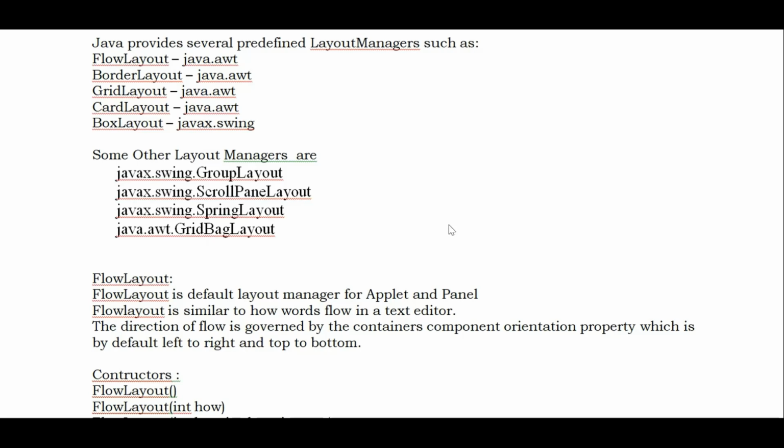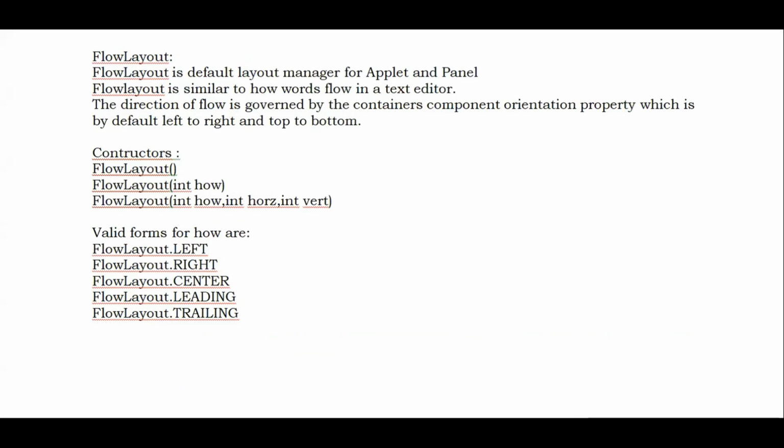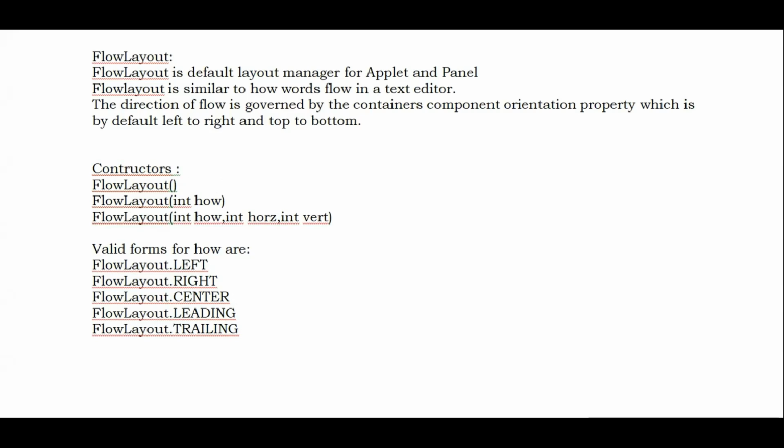So I'll be discussing FlowLayout now. The FlowLayout is the default layout for the applet and the panel, and FlowLayout implements a simple layout style which is similar to how words flow in a text editor. So say for example, I'm trying to type something.